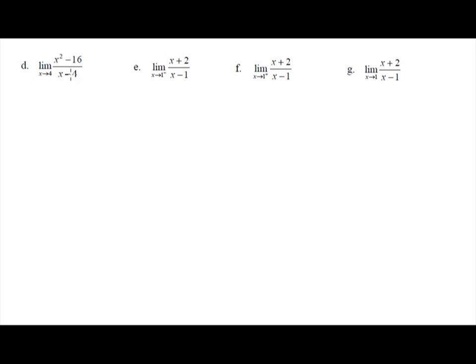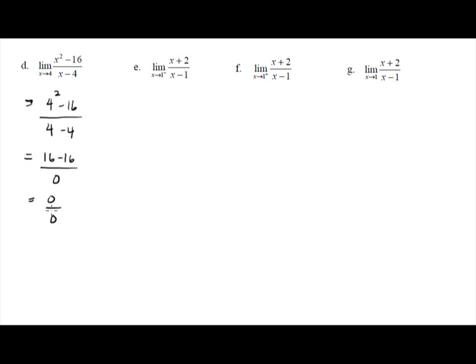Remember that the first option we can apply here is the substitution method. If we do that, the limit becomes 4 squared minus 16 all over 4 minus 4. So this is equal to 16 minus 16 over 0, or 0 over 0.